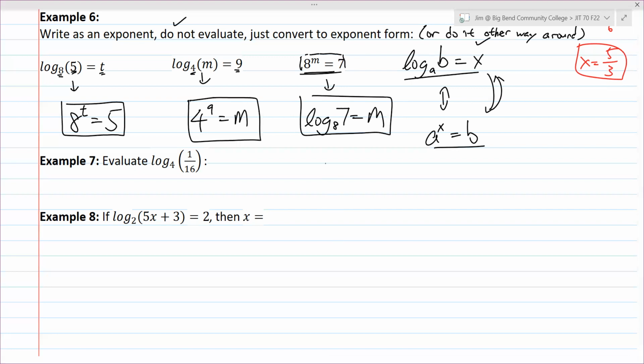So the conversion method works when you're actually calculating something. For example, you're evaluating the log of 4 to the 1/16, and then, right, this is where we can apply the conversion method.